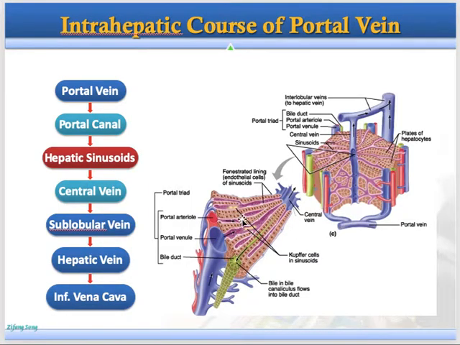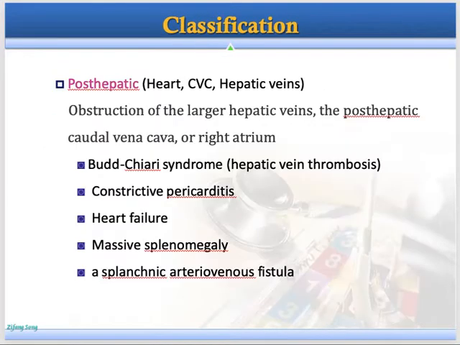The fluid will start building here, which will give back pressure over here, and ultimately there will be increased pressure in the portal vein. Okay, so there will be back pressure simply because the drainage is blocked, right?